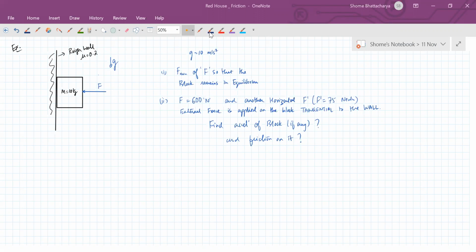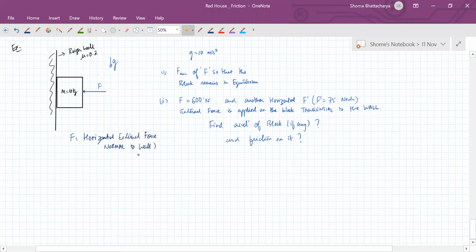Okay. Now, ideally, you should also write down over here that F is a horizontal external force, though the diagram is showing that to you. Okay. Normal to the wall, perpendicular to the wall. So that information is there in the diagram already.